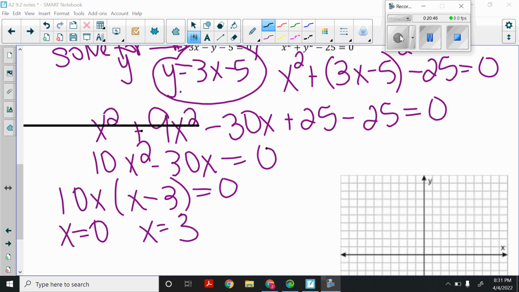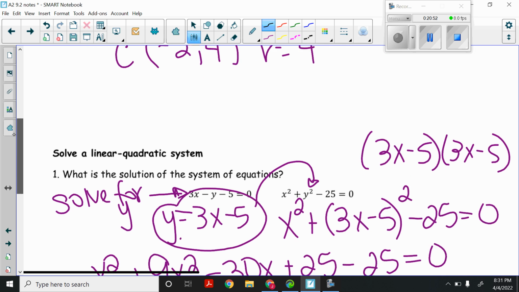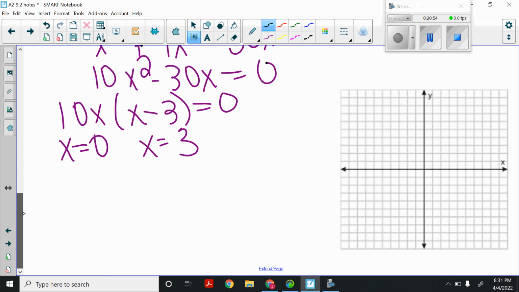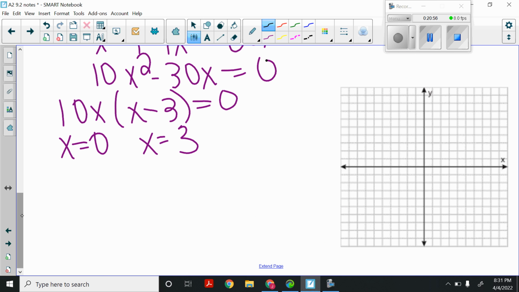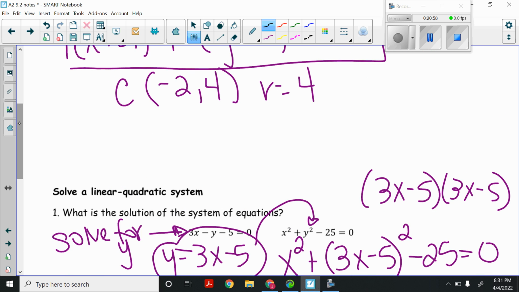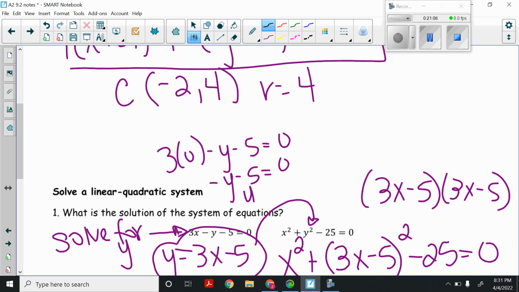So now I need to check these answers. I have two ways. I can plug them both into the original equations and make sure that they work, or I can graph them. So first, if I take x equals 0, so 3 times 0 minus y minus 5 equals 0. Then I would get negative y minus 5 equals 0, or y equals negative 5.